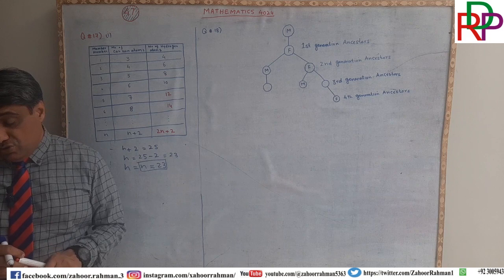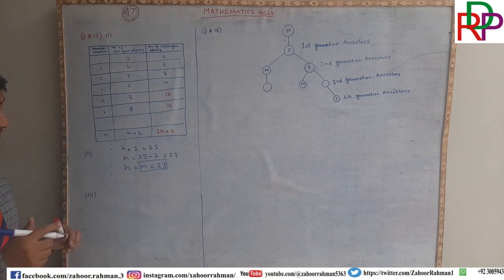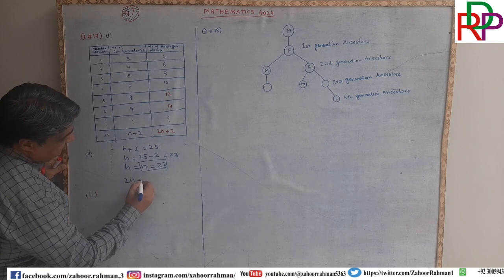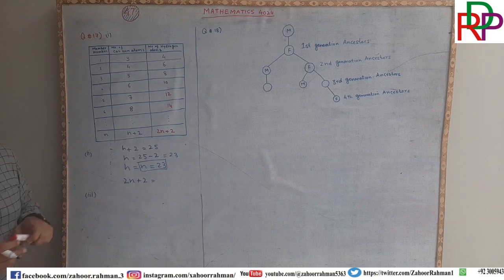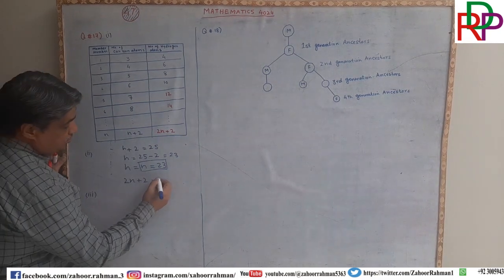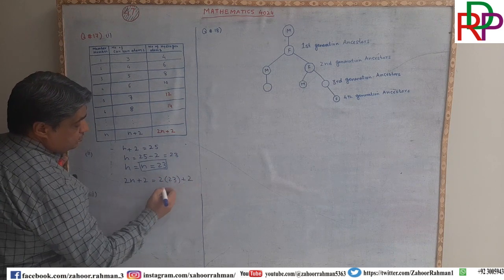So when n is equal to 23, then 2n plus 2 is equal to 2 into 23 plus 2.